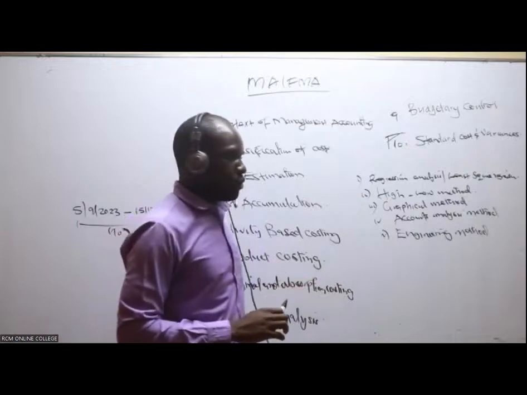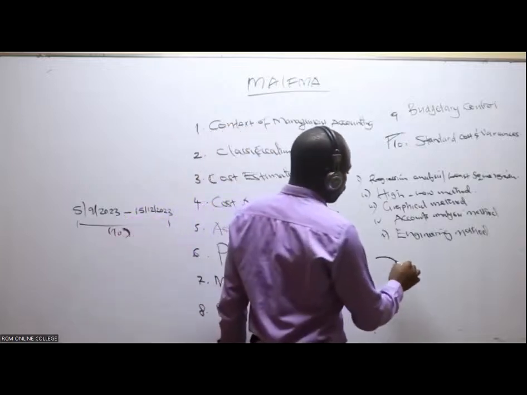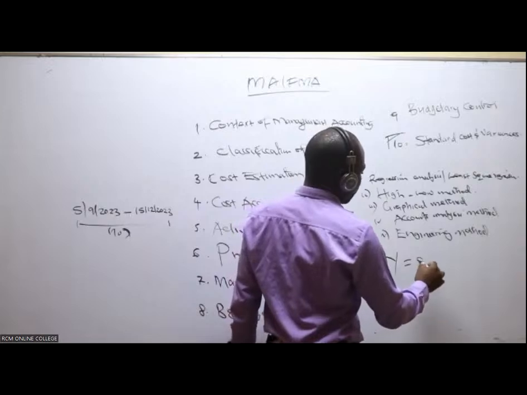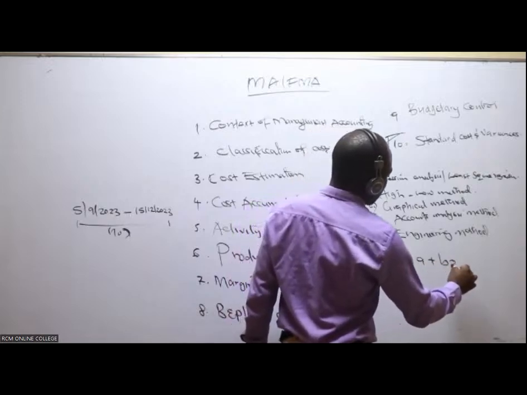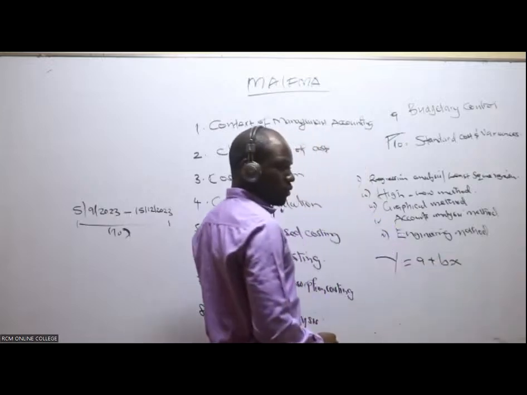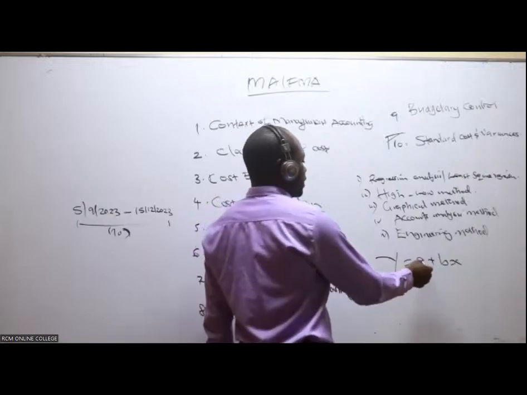In the cost estimation, this one here is the introduction part of it, where we normally have only one independent variable. And the final output of all this is y equal to a plus bx.